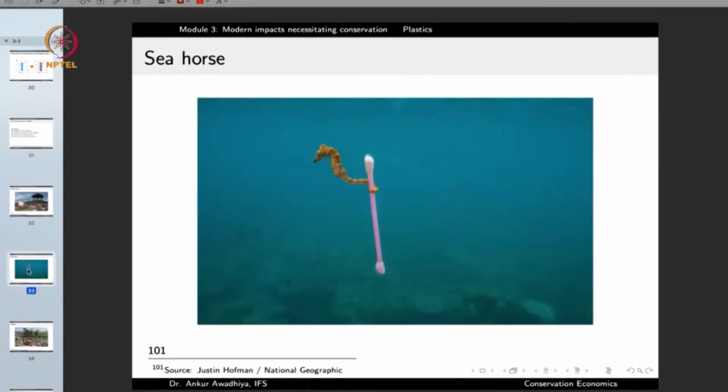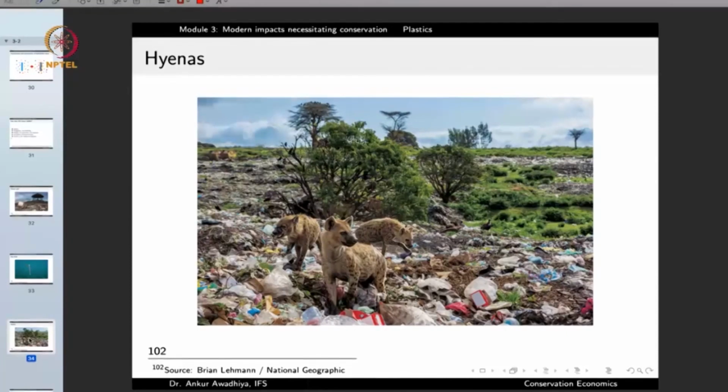This is also another way in which plastics impact wildlife. This picture is showing us a seahorse that is sticking to this piece of earbud. Now, this is not a natural behavior because in a pristine ocean, we do not have earbuds. But now that there are earbuds in this ocean, the animal's behavior is changing. In a number of cases, we find that animals are reaching into these rubbish dumps in search of prey, such as rats, and now they are getting more and more exposed to these plastics.